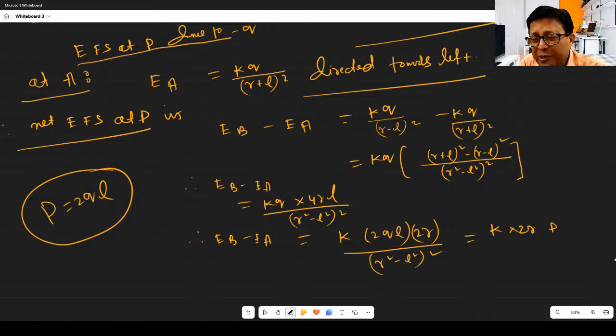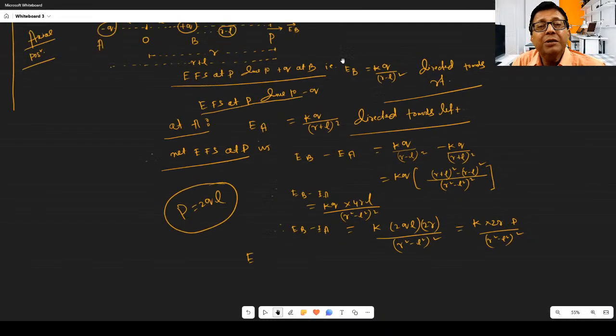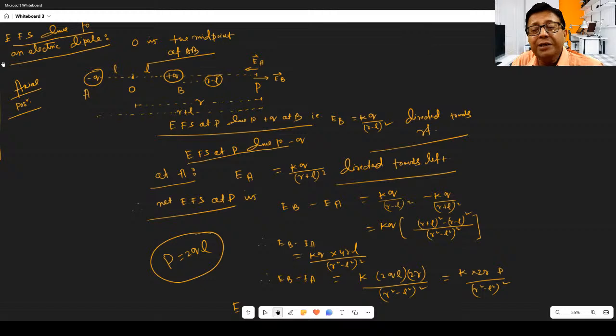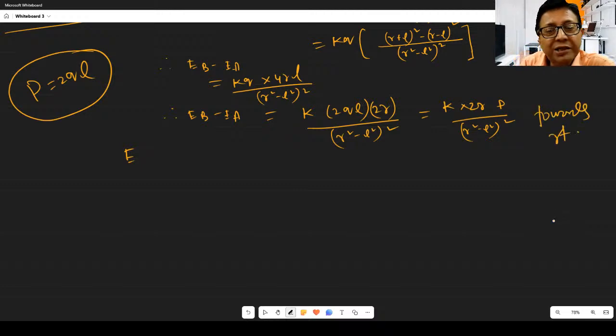Otherwise, just put P over there. Vector I am assigning. So E equal to, what will be the direction here? That is important. If you don't say direction, then you are wrong. EB was towards right, EA was towards left. So it will be EB minus EA towards right.